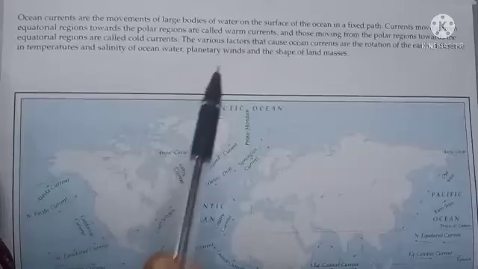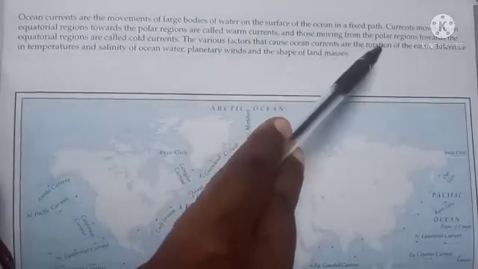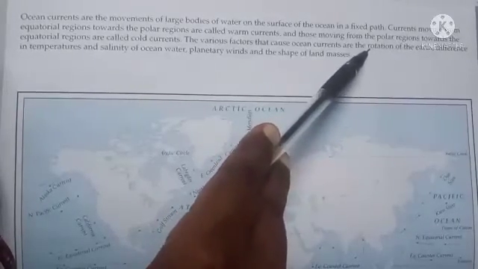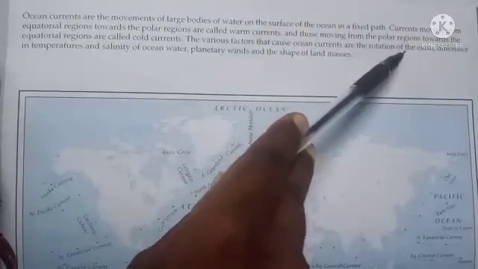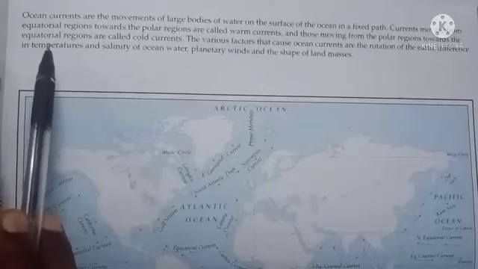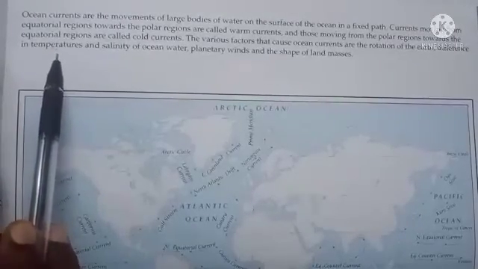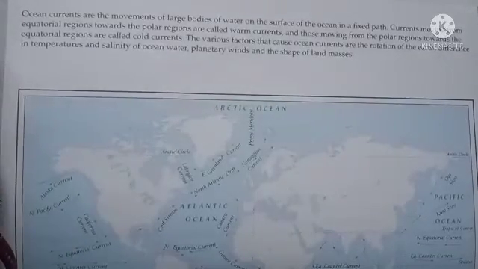And we can see the various factors that cause ocean currents. One important cause for the ocean current is the rotation of the earth. Then the difference in temperatures. We have 3 zones in the northern hemisphere and 3 zones in the southern hemisphere, that is the torrid zone, temperate zone and frigid zone.